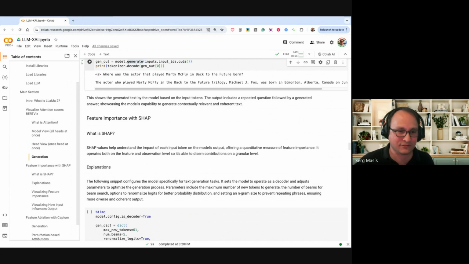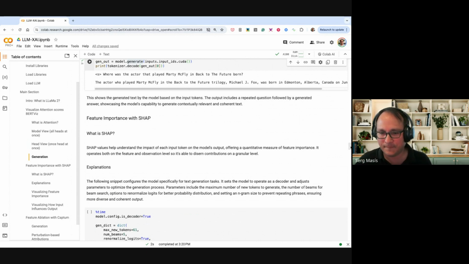We attribute the output to the features. Those values can be used to assess a lot of different things, and one of them is feature importance. That's basically a ranking of which features had the biggest impact on the output.